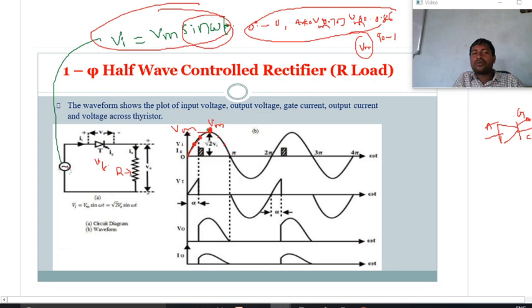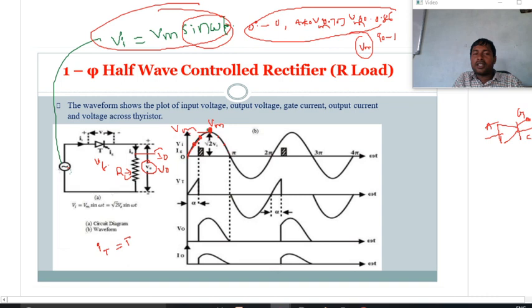This is the output voltage and the output current. The SCR is connected in series with the load, so the current through the thyristor is equal to the current through the R, nothing but I output.